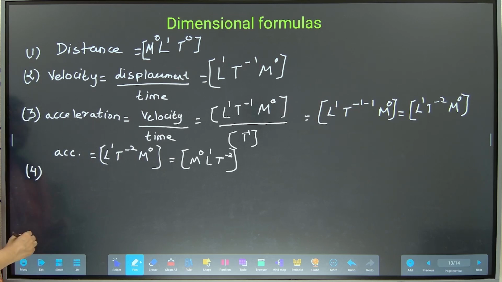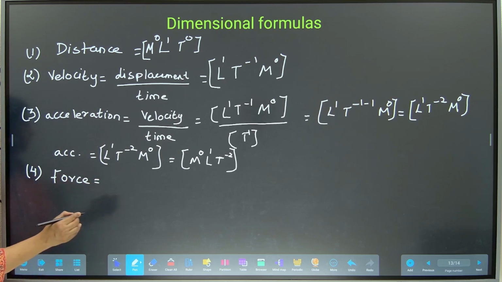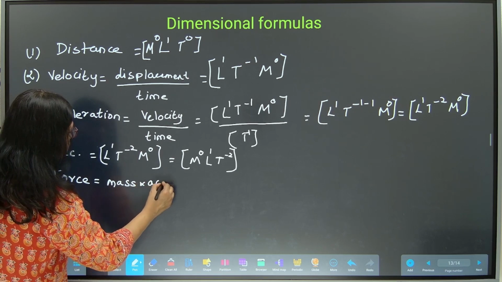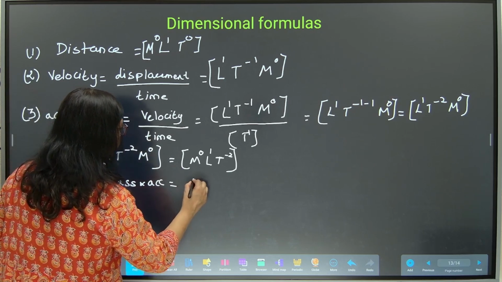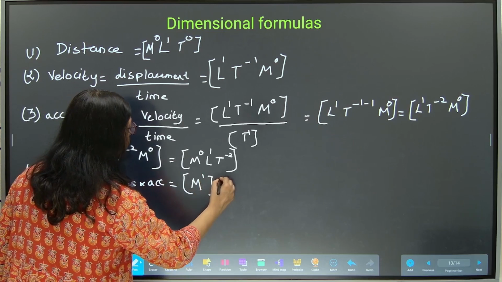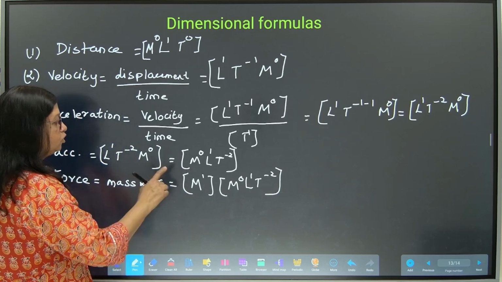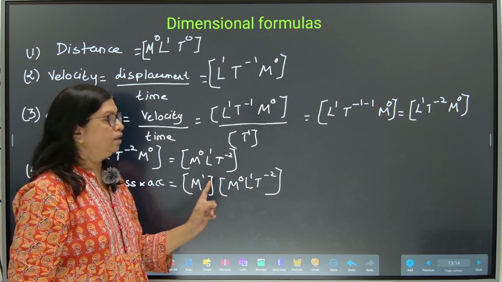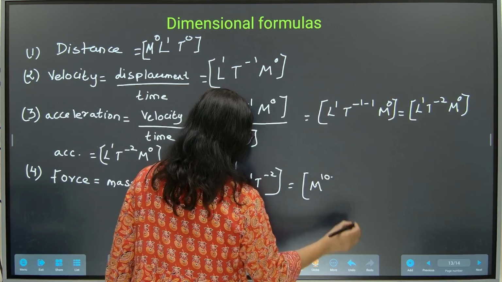Fourth, let me take force. Force is equal to mass into acceleration, F equals ma. Just now we got the dimensional formula for acceleration. So I will write M raised to 1, as mass is there, and acceleration just now was M raised to 0 L1 T minus 2. So when there is multiplication of the same base, I have to add the powers. So for M, what will I do here? 1 plus 0.